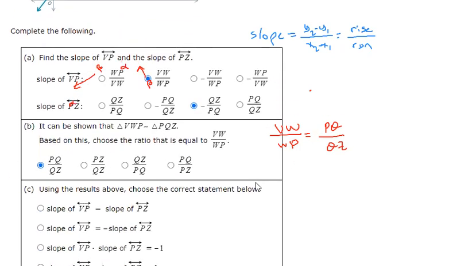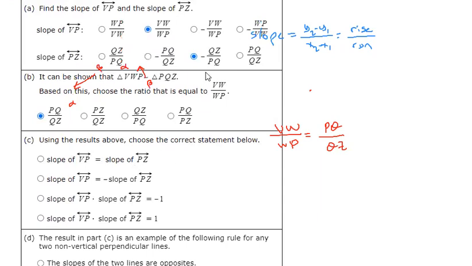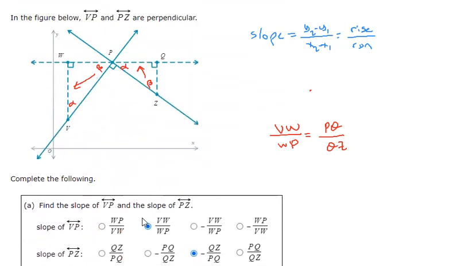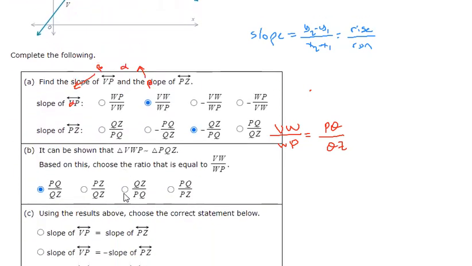Okay, and then based on that, the slope of VP and the slope of PZ are not equal to each other. They are just the negative version of each other, because we got in the first part that it's going to be negative because the slope goes downward, and then this is positive, that's the slope given.